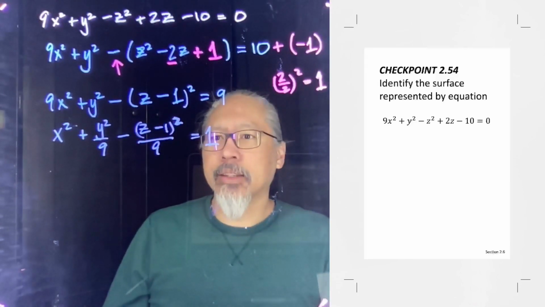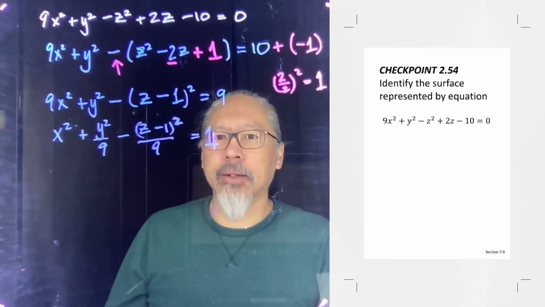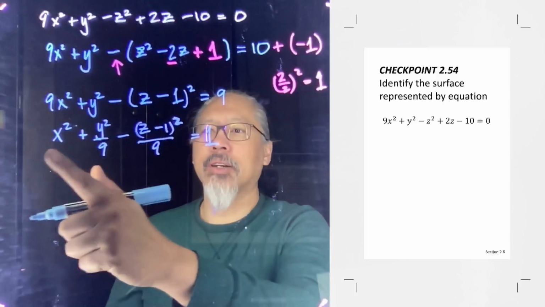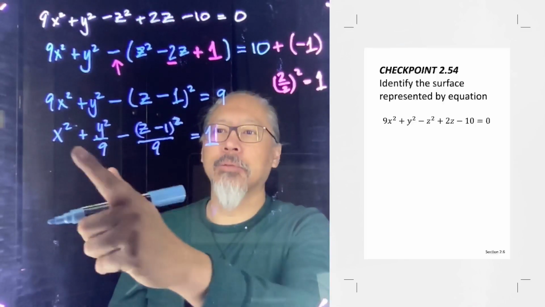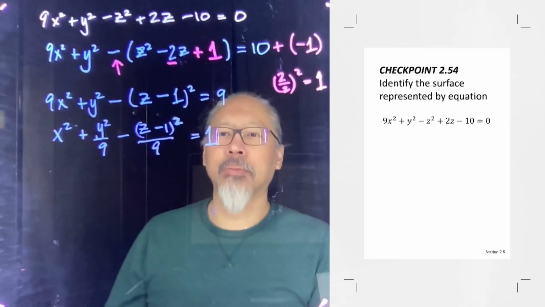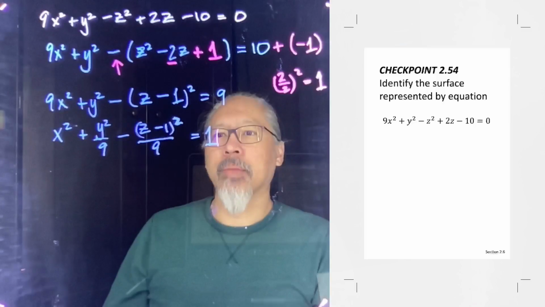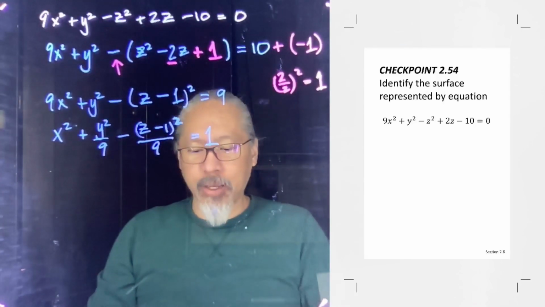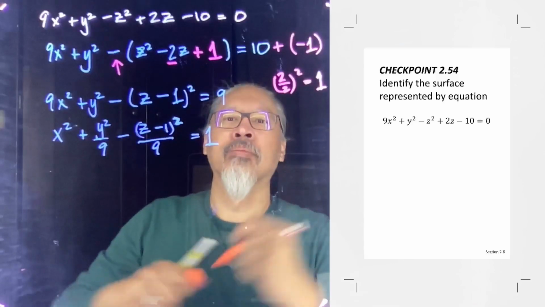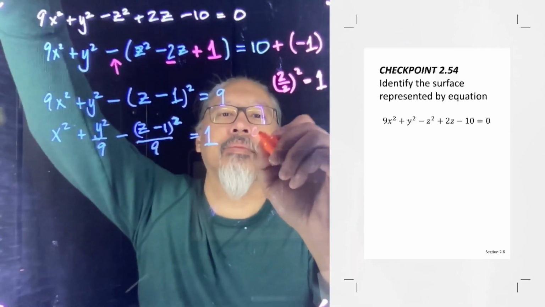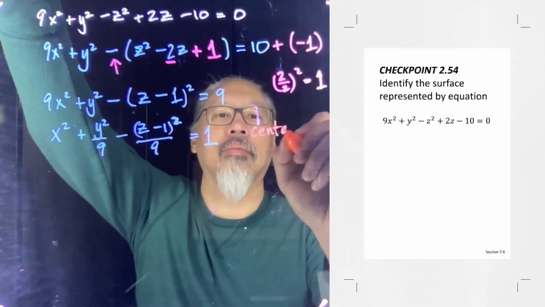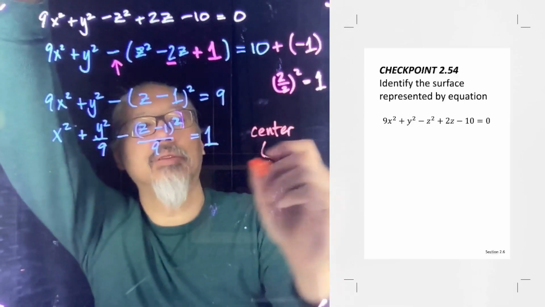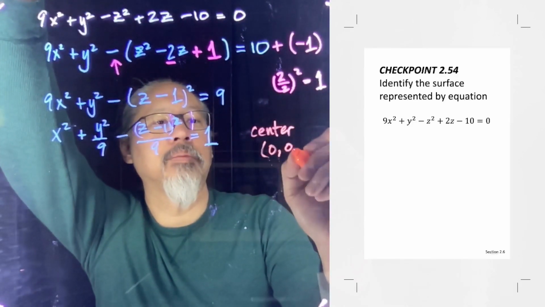In any case, this is going to be a hyperboloid of one sheet, because we have two positive terms and one negative term. And the center point is going to be 0, 0, 1.